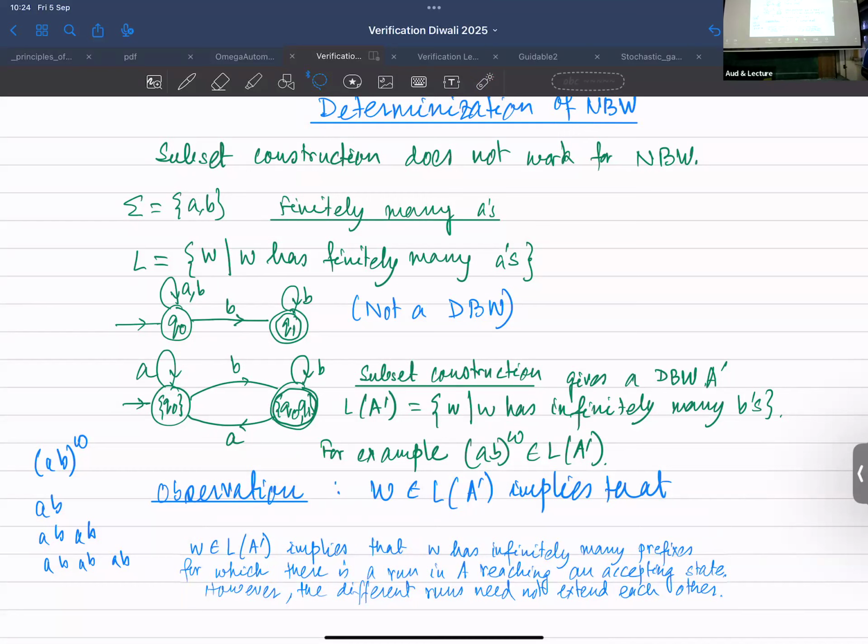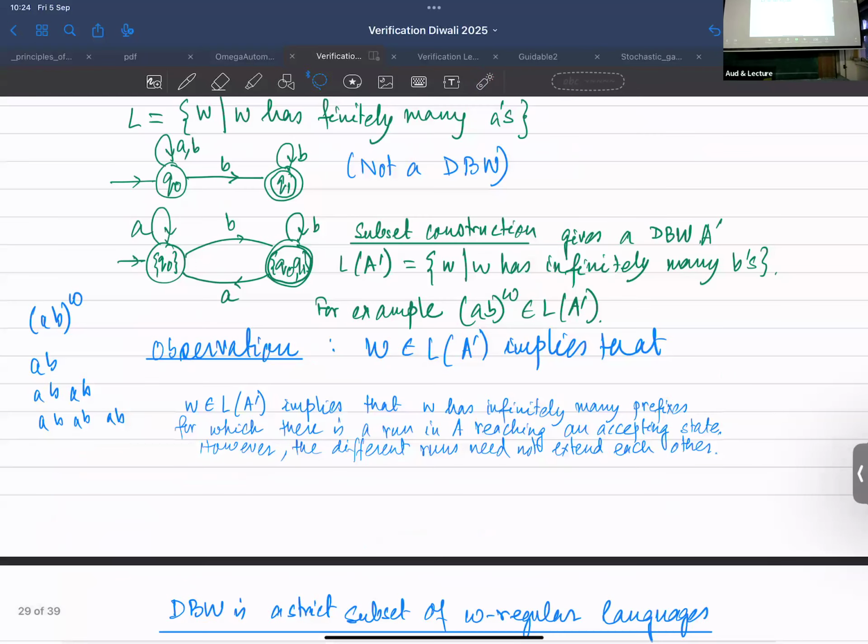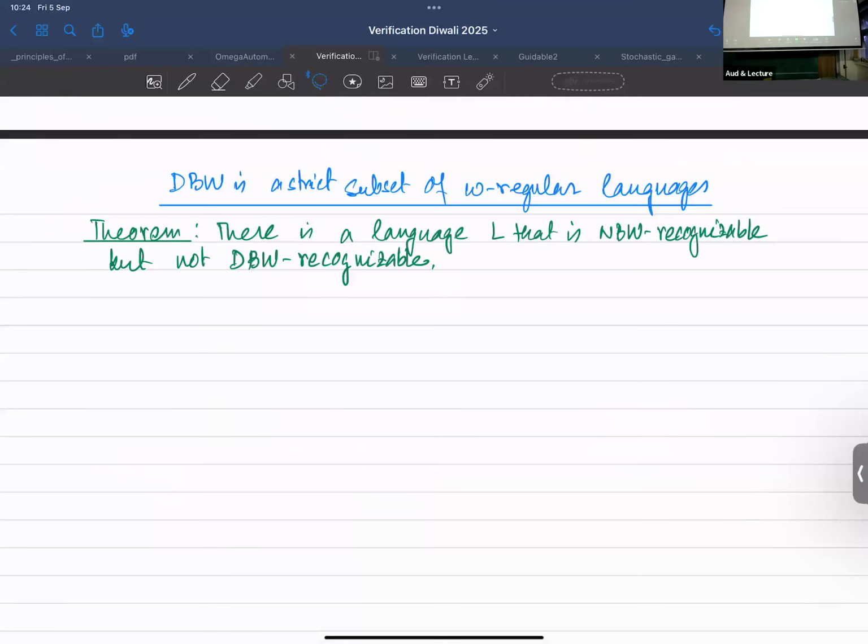Okay. So yeah, this is what I was saying. Now I formally prove this. So there is a language L that is NBW recognizable, but not DBW recognizable. So what is that language?